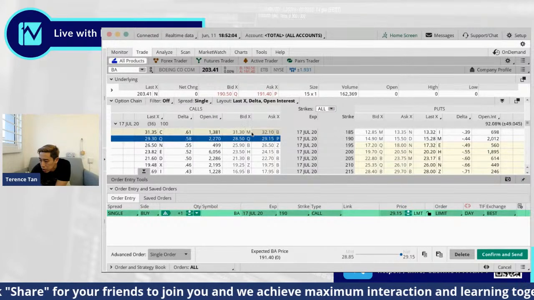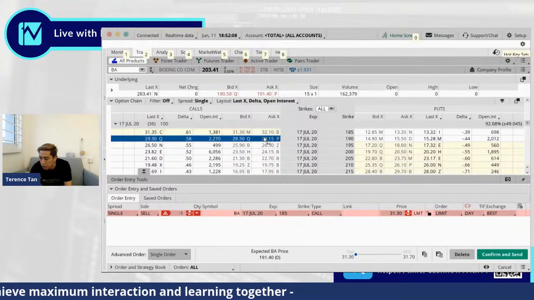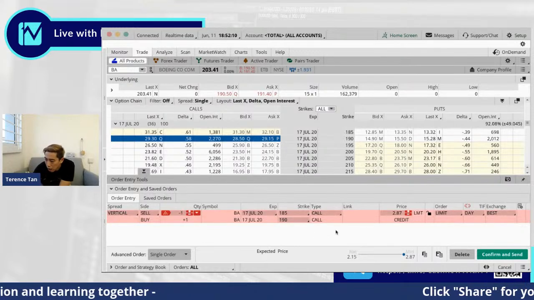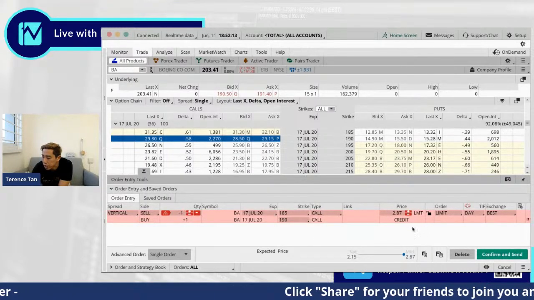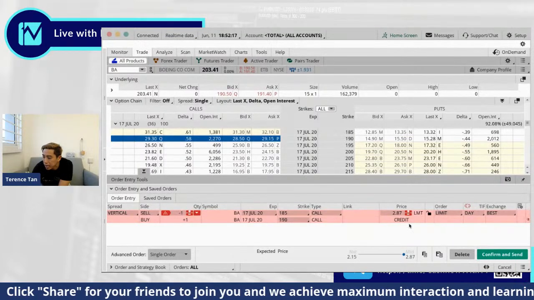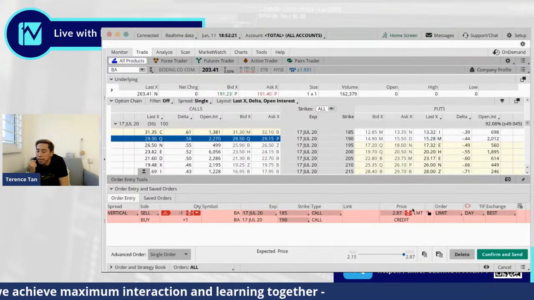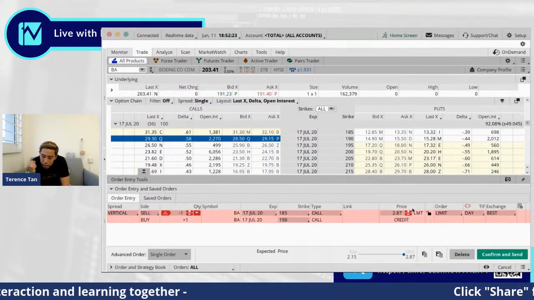What it tells me is that I would pocket about $2.87 up front by selling this call spread.